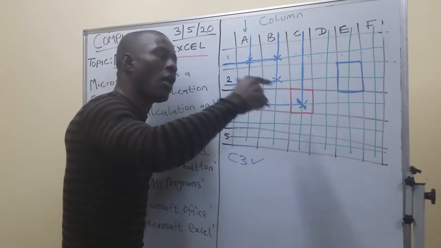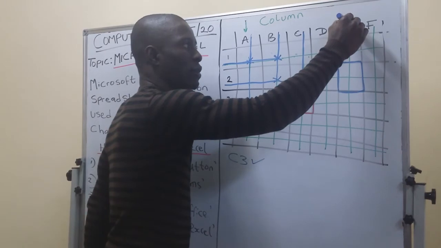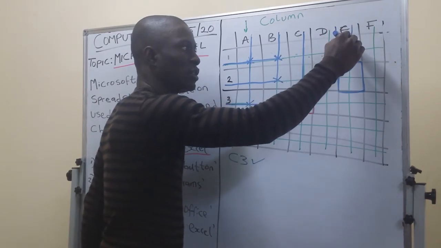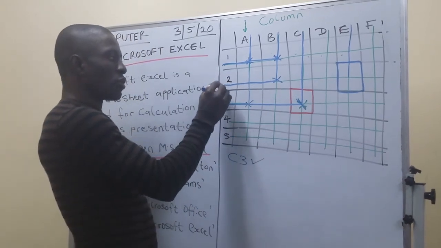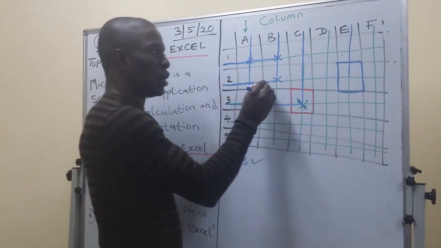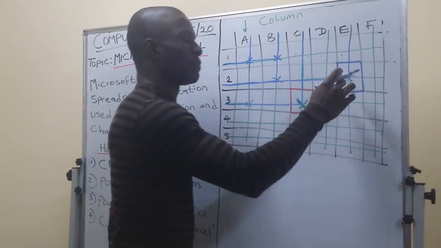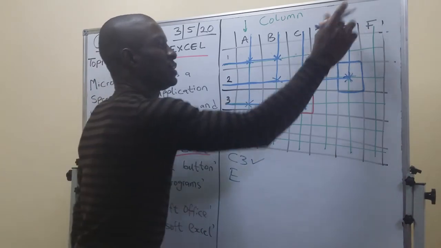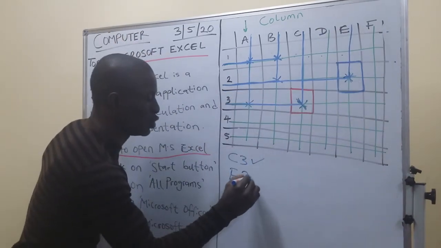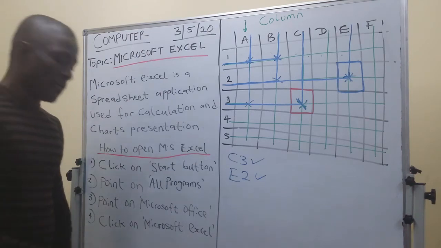What is the row and column that form this blue cell? You move from the beginning of the column, which is E, it moves down, gets to this place, you stop. You take from the row that started it, you move, you stop. You asterisk it. Then the name would be E, which is this, and then 2, E2.